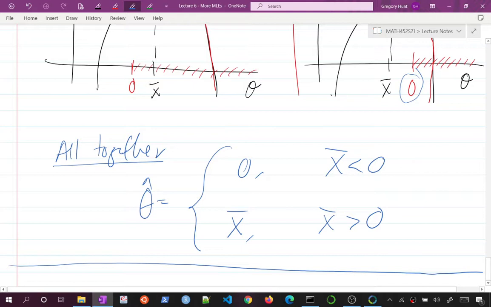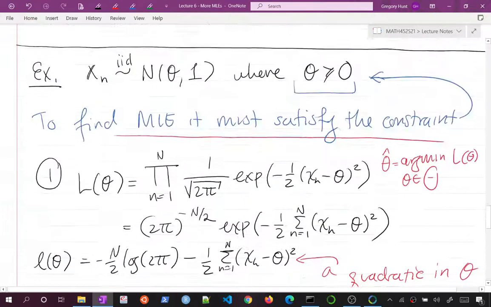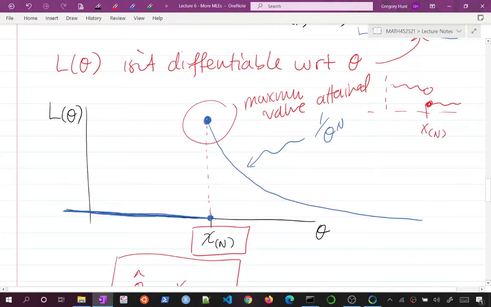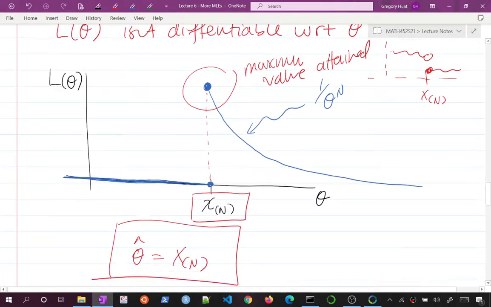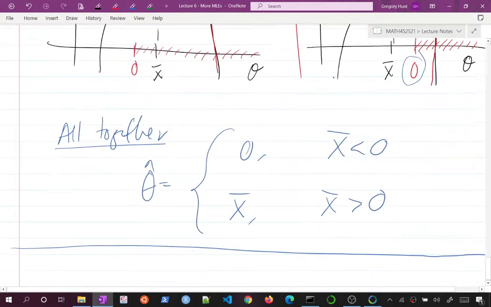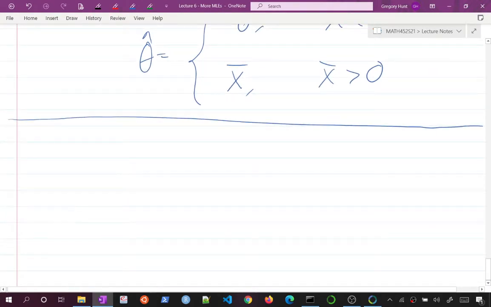It will come back to bite us, probably not until we get to hypothesis testing near the end of the course. For now, we're going to focus on the simpler ones. Something like this uniform one is definitely fair game. Any of the ones where we just have some exponential family, where we're taking a derivative, are totally fair game. This will come back to bite us with hypothesis testing.